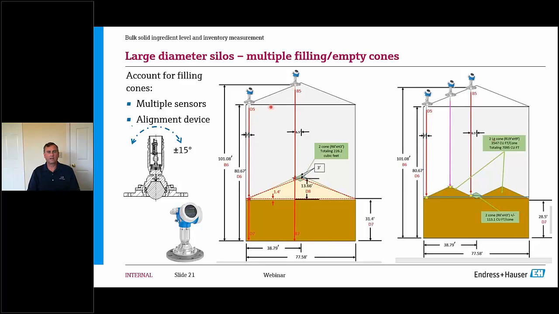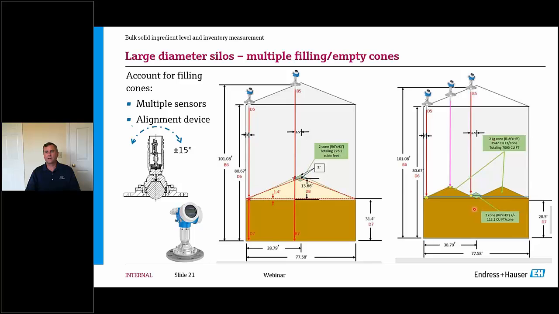So like in a large diameter silo, like in the picture on the left-hand side, you may need to have one closer to the wall so you can see where that level is at, and you have one in the center here, so you start getting an average, and then you take that into either a PLC or some other math module and say, okay, here is my average level inside this silo, and from that you can then derive what your volume is.